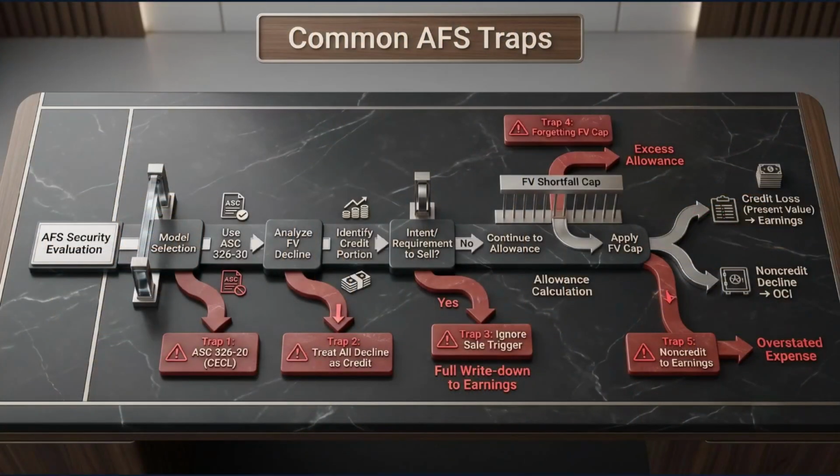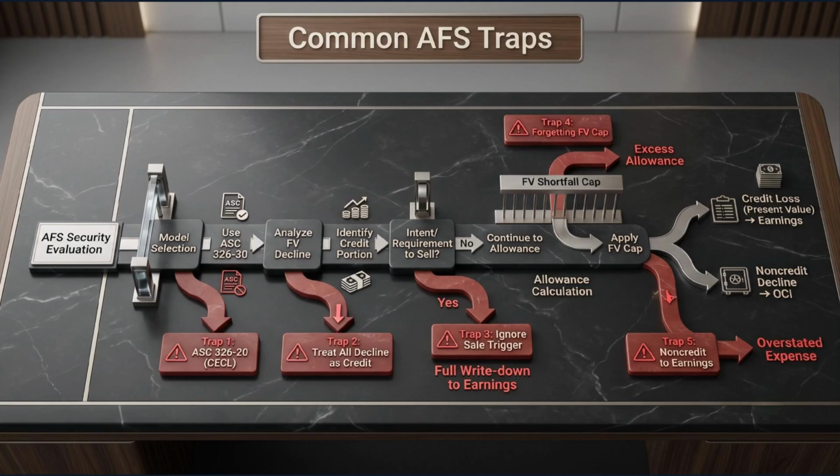Here are the common available for sale traps. First, do not apply ASC 326-20 CECL directly to AFS debt securities. Second, do not treat every fair value decline as a credit loss.